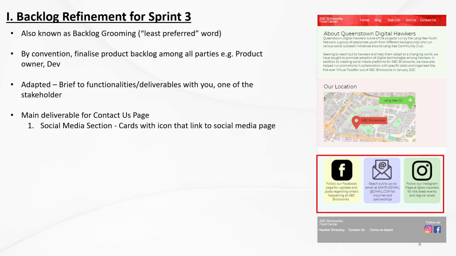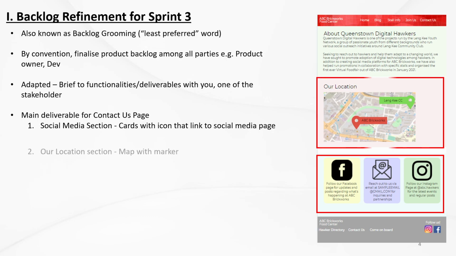The bottom section is made out of 3 cards that contain icons that on click will route the user to the social media page. Last but not least, the middle section is a map that zooms in on the area that the hawker is at. You can notice that there's even a marker for the hawker center.